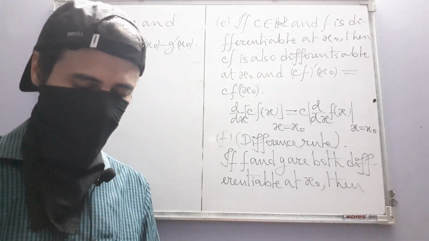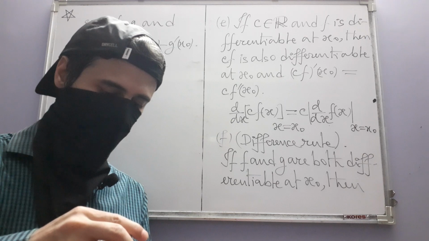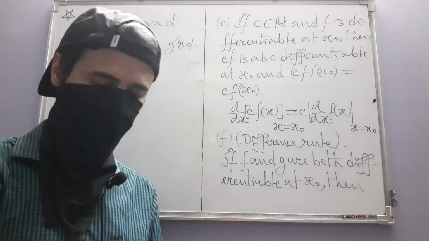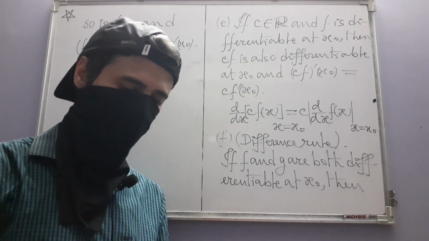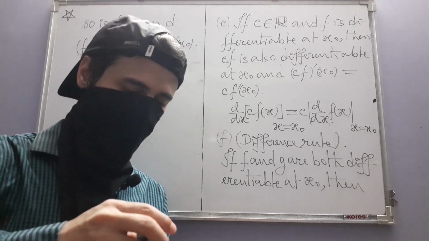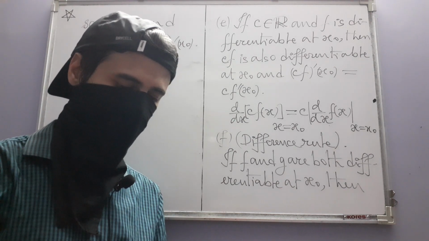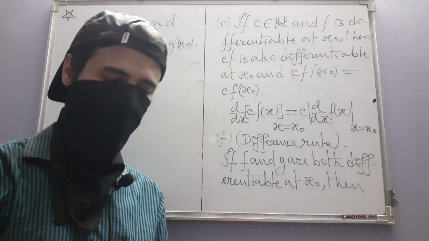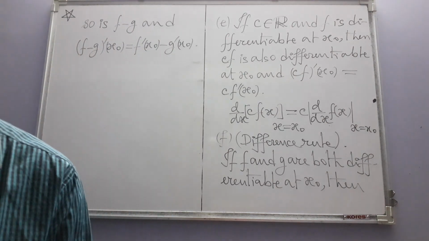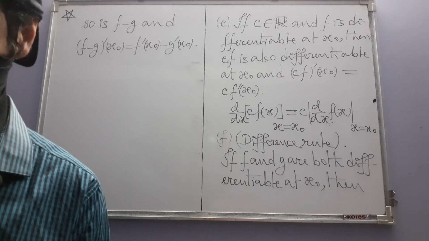The two remaining are about, one of them is the derivative of the reciprocal of a function, and the other one is the derivative of the quotient of two functions. Your familiar quotient rule for differentiation.